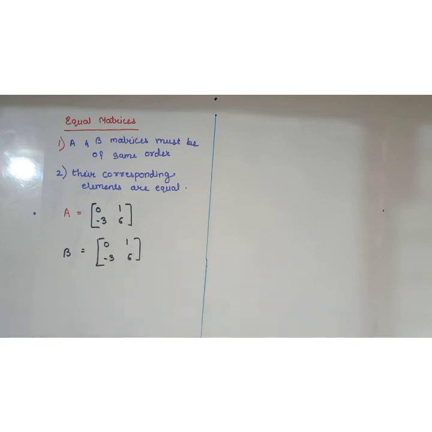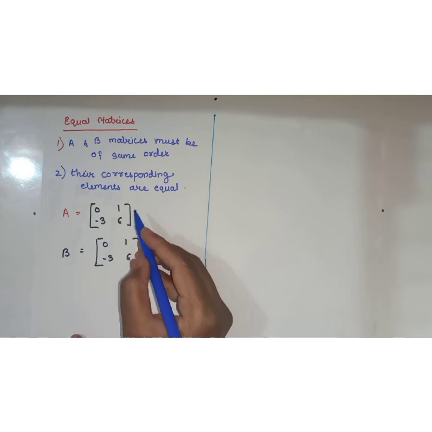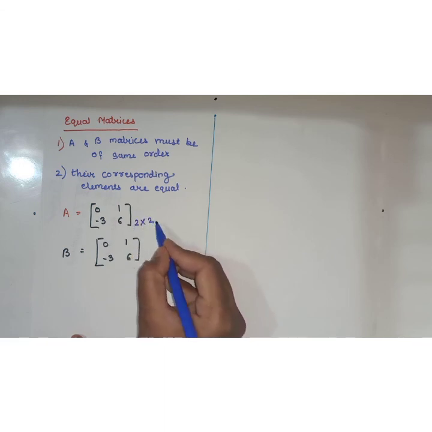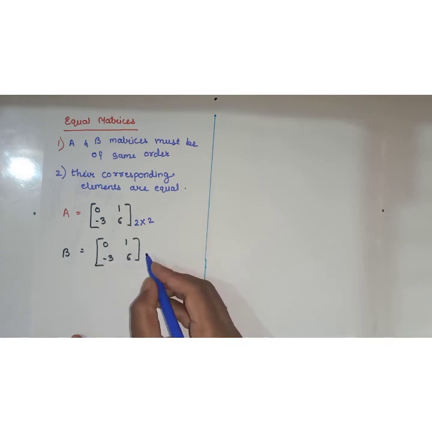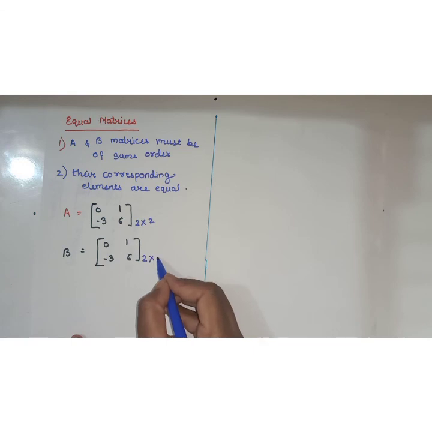If you see here, the order of both these matrices is the same. The order of matrix A is 2 by 2, and the order of matrix B is also 2 by 2.